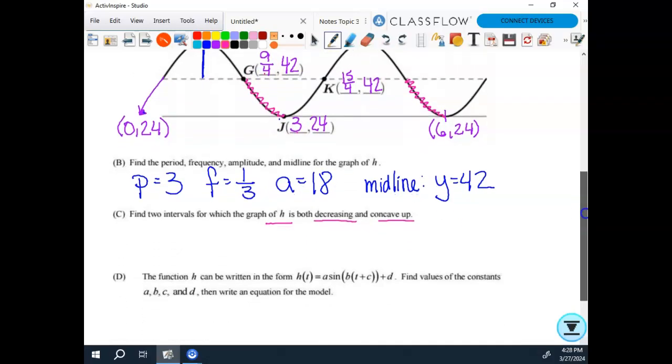Let me scroll so. 9/4 to 3. And then from here to here, I don't have this x value yet, but if this is 9/4 and this is 15/4, that means I added 6/4 to it. So this would be 21/4, 42. So I'm going from 21/4 to 6.